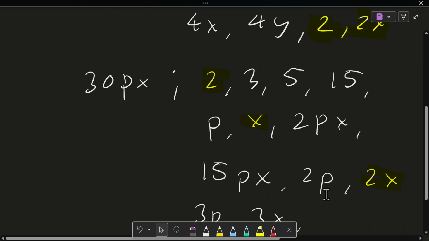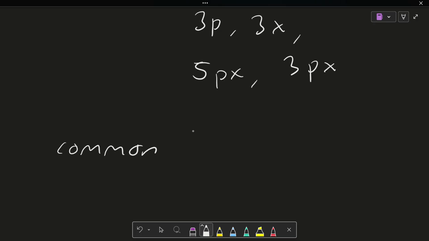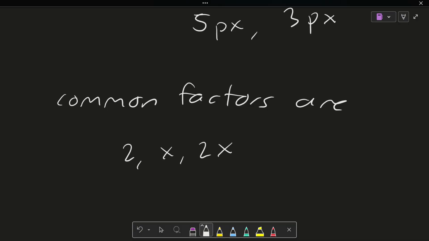So basically the common factors are 2x and x. These are the common factors.